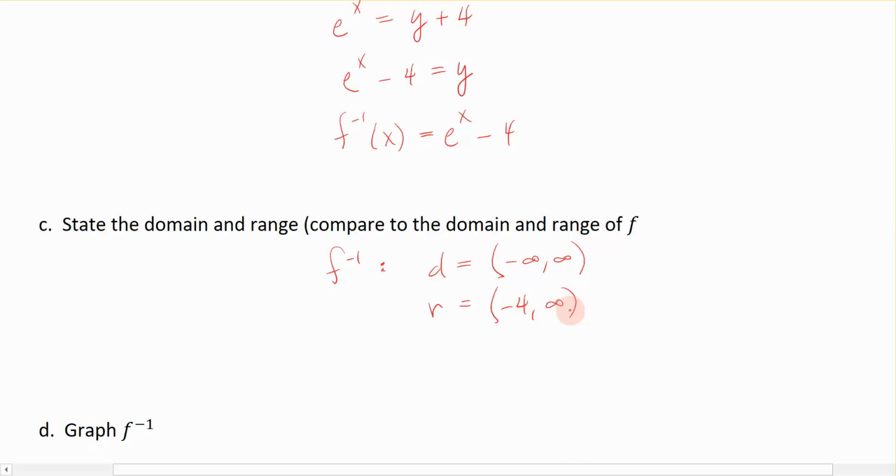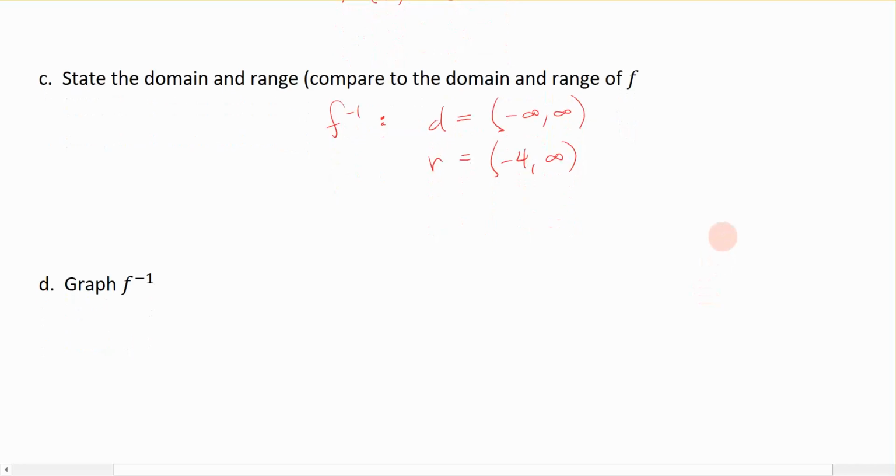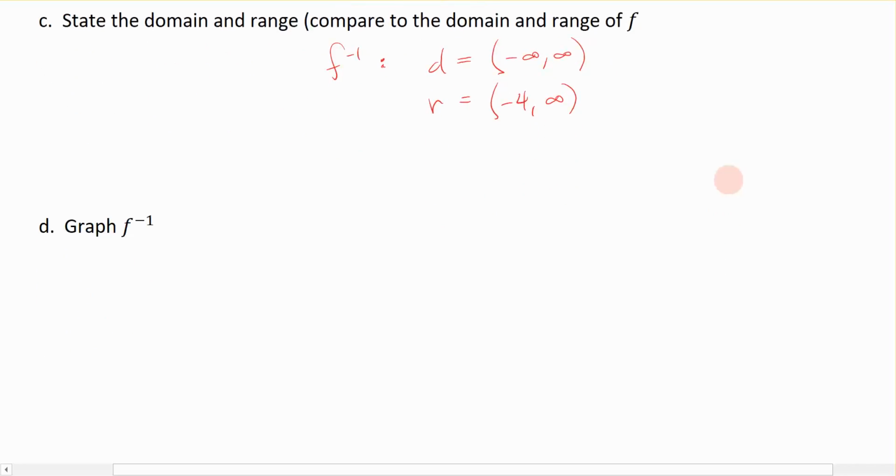Now that I know the function as well as its domain, the last thing I want to do is graph this new function, my inverse function. So let's rewrite it down here. F inverse of x is equal to e to the x minus 4.